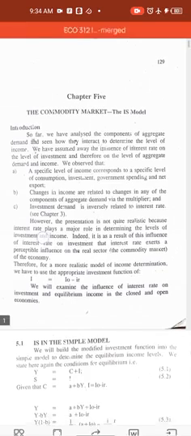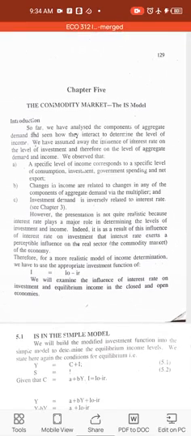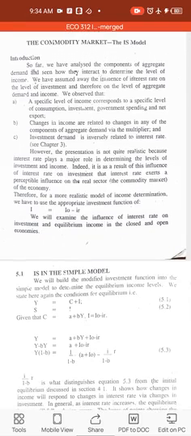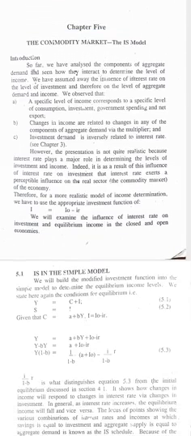Therefore, for a more realistic model of income determination, we have to use the appropriate investment function, which is I equals I sub 0 minus b times r, where r is the interest rate.